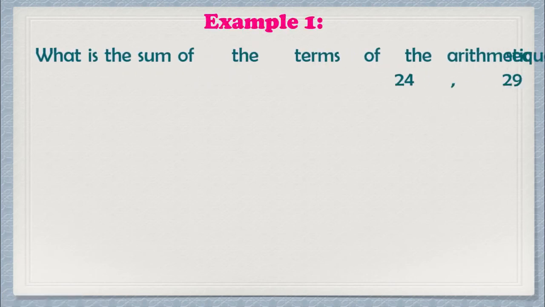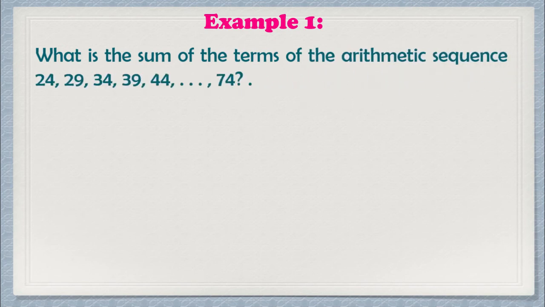So let's have an example. What is the sum of the terms of the arithmetic sequence 24, 29, 34, 39, 44, and so on and so forth up to 74? Since we do not know the number of terms in this sequence, we need to solve for n, the number of terms, first.